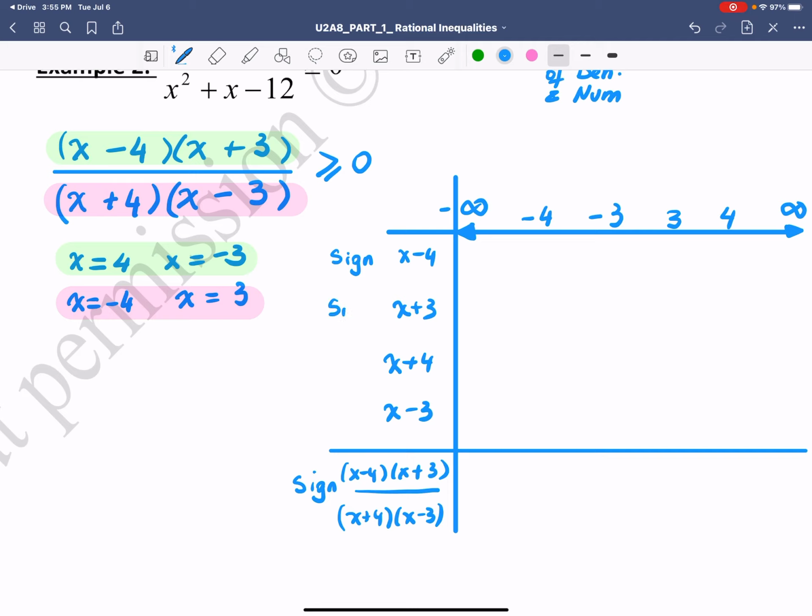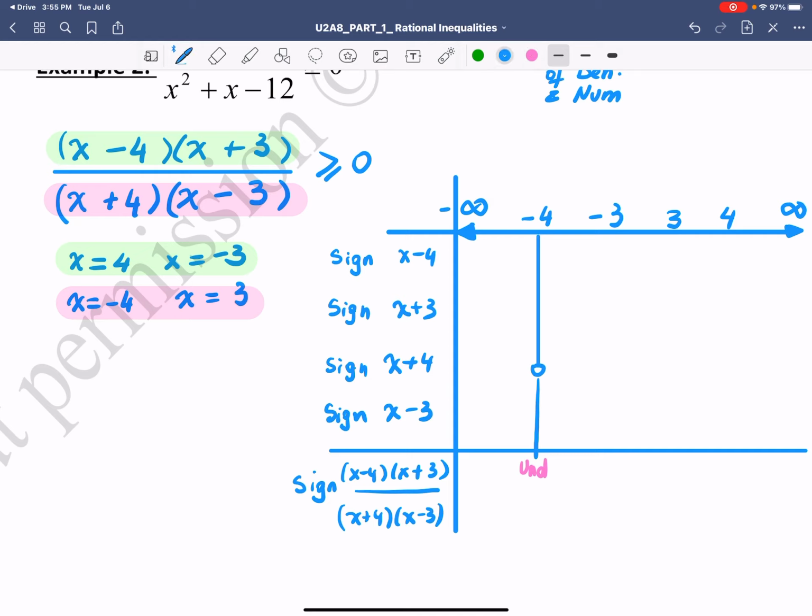So I'm going to give the 0 to each factor first. So -4 will be the 0 of x plus 4. And x plus 4, remember, is in the denominator. That means that will make the expression undefined.